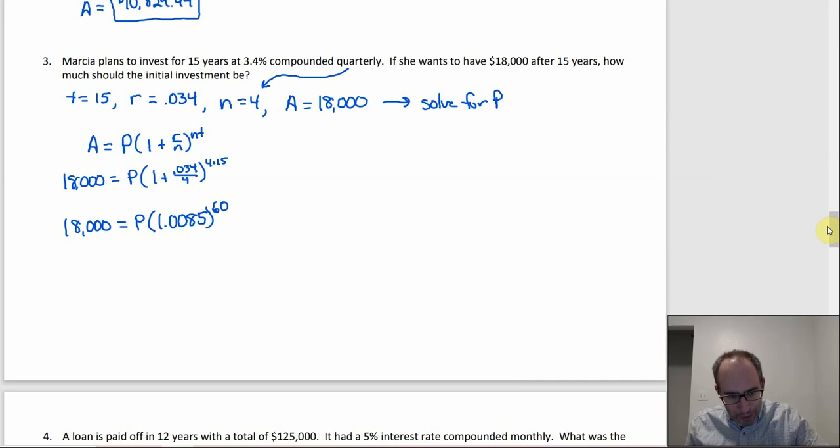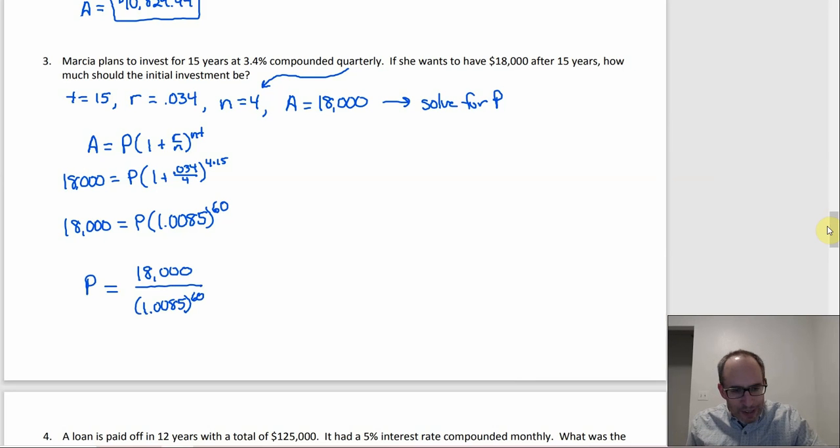So you would end up with, and I'm going to rewrite this with the P on the left just because I think that's easier to read, but you should get that P is 18,000 over 1.0085 to the 60th power.